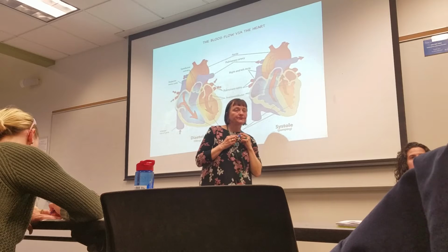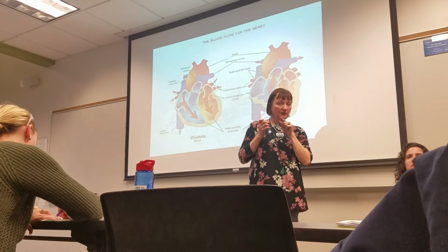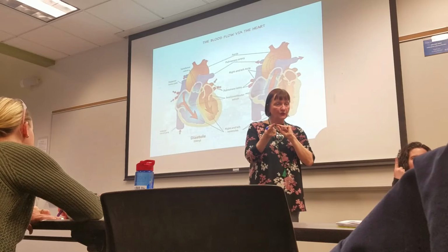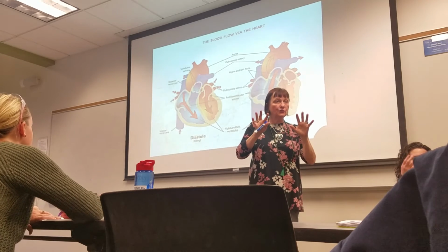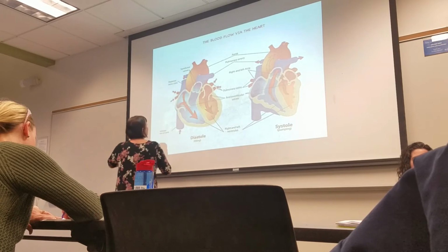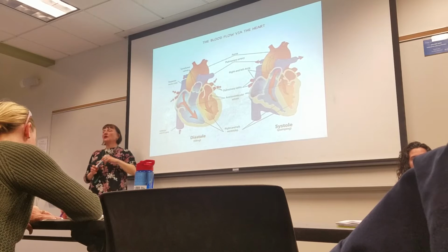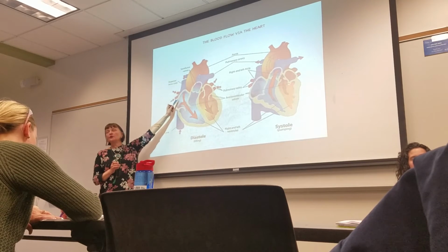Yes, please. What's the difference between atrial and atrium? It's plural. One atrium is 1 chamber, atria 2. It's Latin. Good question. It means the blood flow through the heart starts in the right atrium.